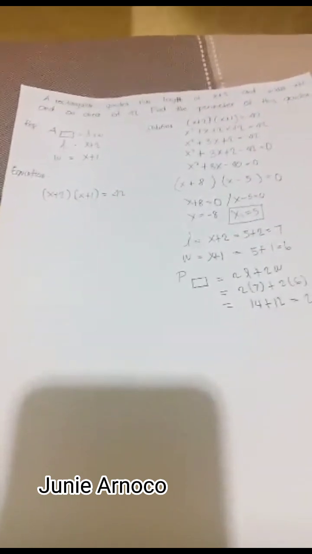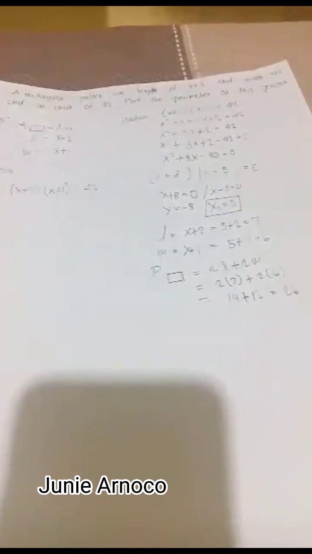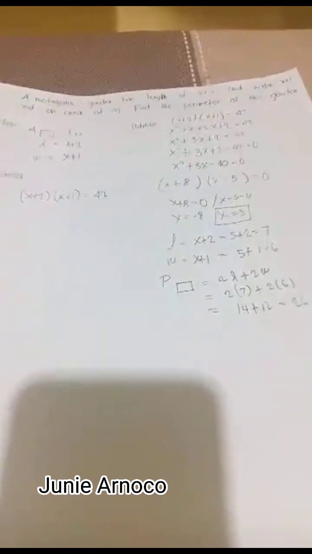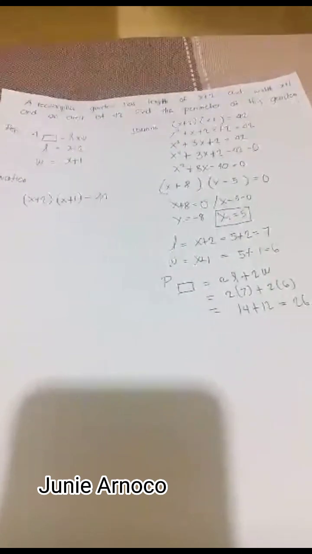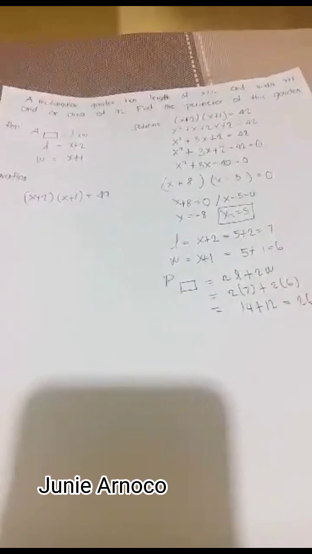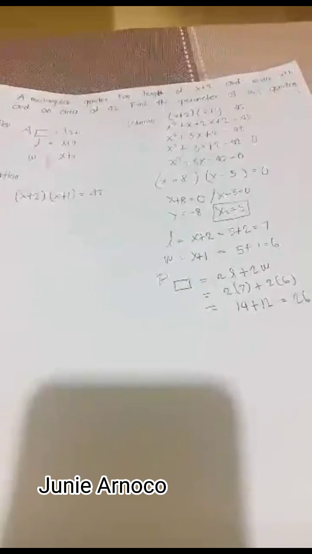Good day everyone. I am Johnny L. Arnoco, to present a geometric problem. A rectangular garden has a length of x plus 2 and width x plus 1 and an area of 42. Find the perimeter of this garden. Area of a rectangle equals length times width.